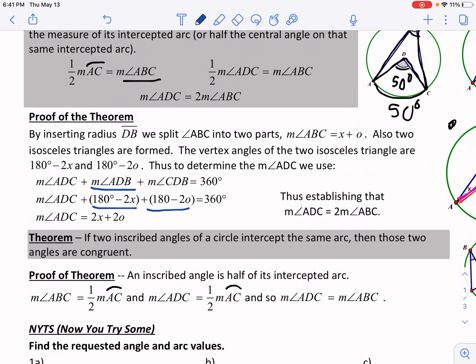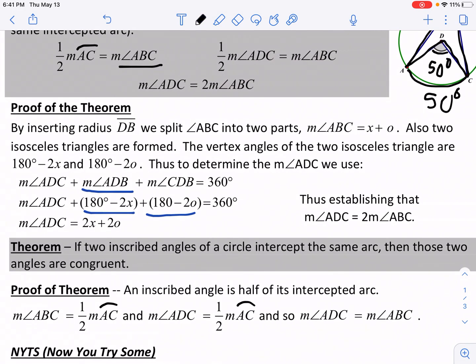Okay, well, with a little bit of algebra here, they skip that part. We could actually do that together. 180 plus 180 would be 360. So we'd have the measure of angle ADC plus 360 minus 2x minus 2o equals 360.